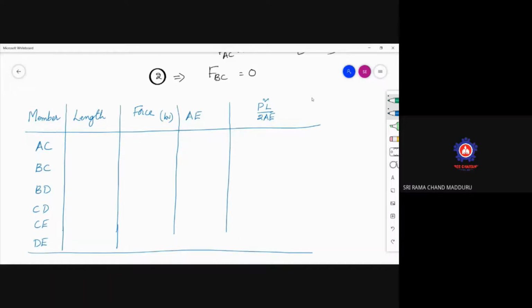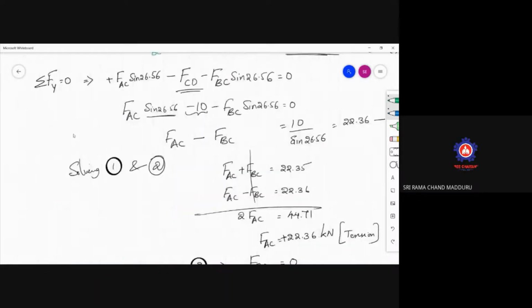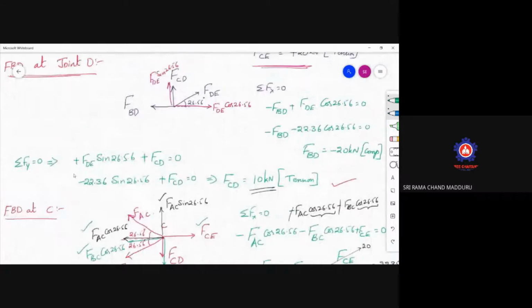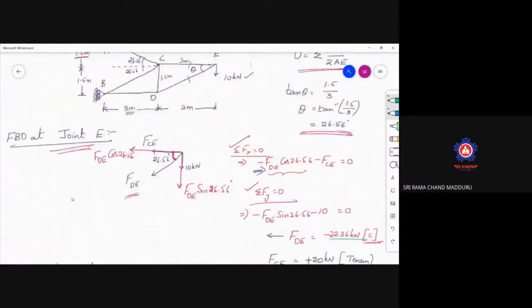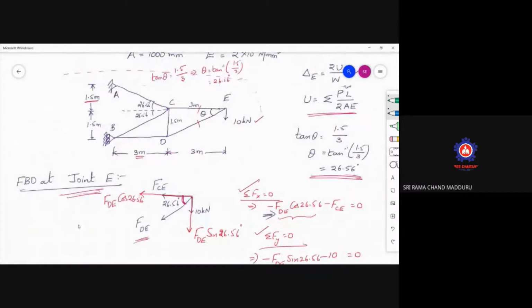All of you just see the diagram of the frame given. This is the frame given for us.